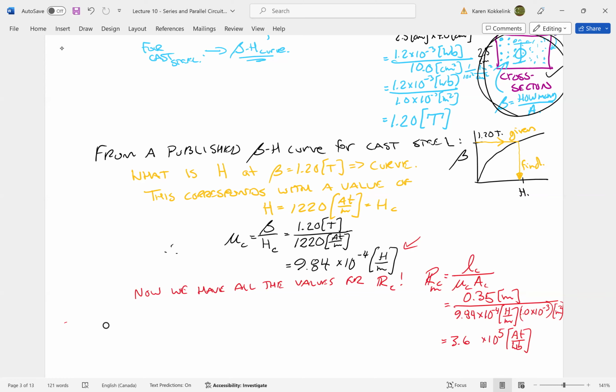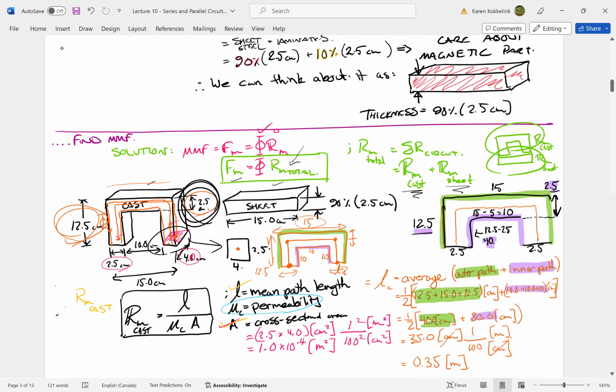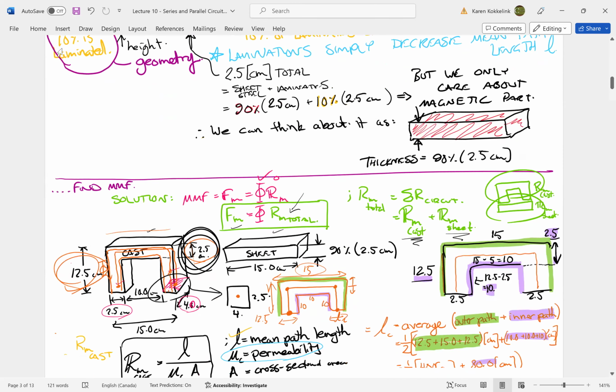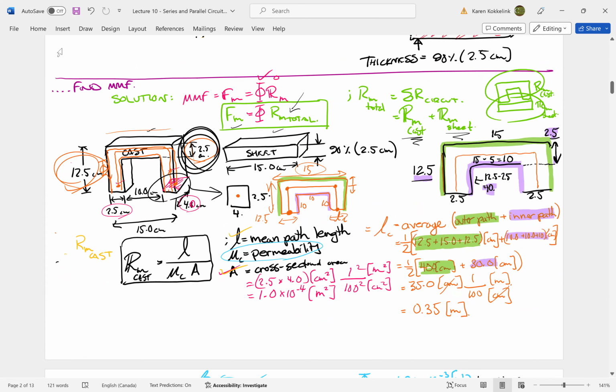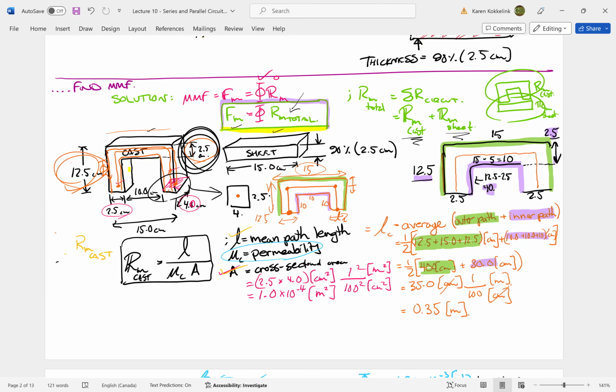All we have now is RC of M. So let's go all the way back and remember what we were doing in the first place. We were finding the magnetic motive force of this whole shape. And to find it, we have to find the reluctance of the whole shape and multiply that by the magnetic flux, which we have.